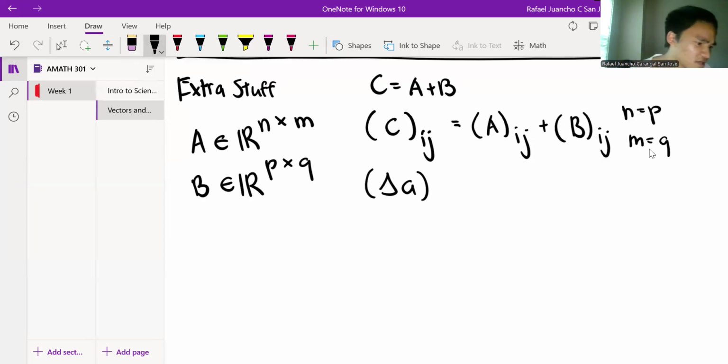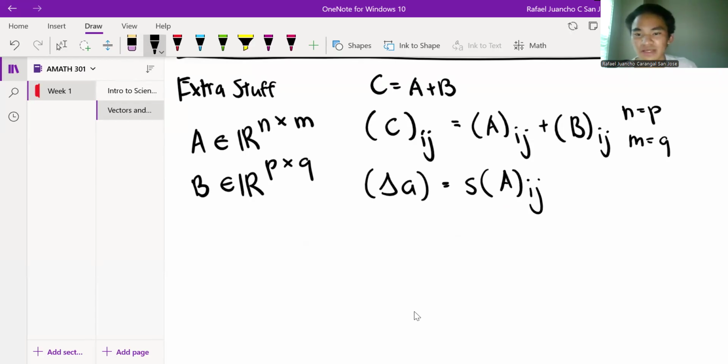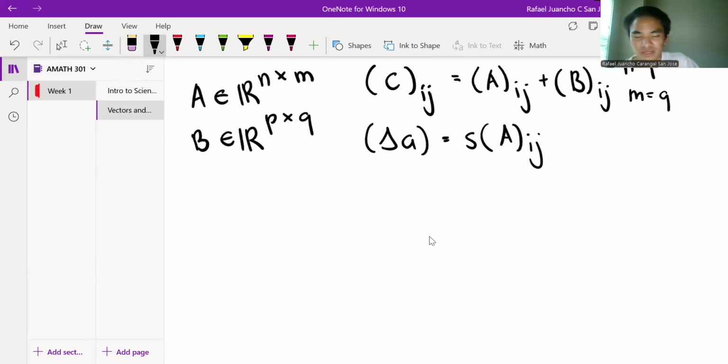Okay, so we have that, and this is a scalar. We call it a scalar because we just multiply a scalar to a vector. Now, how does that look in action? Let's say I have a matrix of 1, 1, 1, 1, 1, 1.